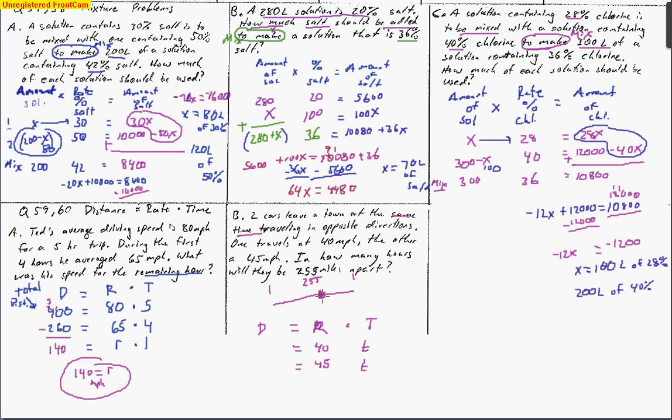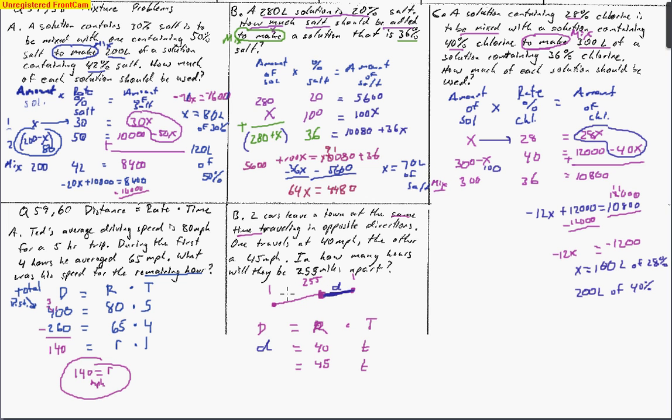See, the first car is right here, going a little slower, so shorter distance. The second car is right here, this distance. So together they make 255 miles. Well, let's do this. Let's call the first car here, that's only traveled this portion of 255, let's call it D. So I'll put a D for its distance.